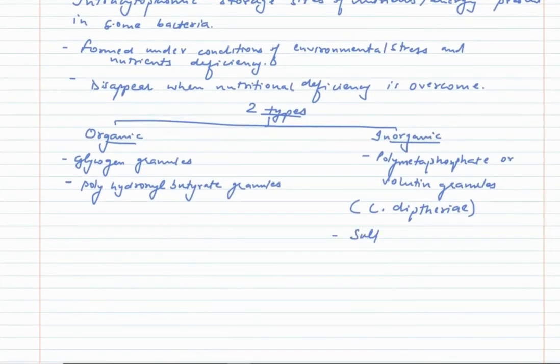And we can have sulfur granules, which are found in Actinomyces. Actinomyces is a class of bacteria which are most often used for the production of antibiotics. So there can be many other organic and inorganic inclusion bodies. These are the most common examples.